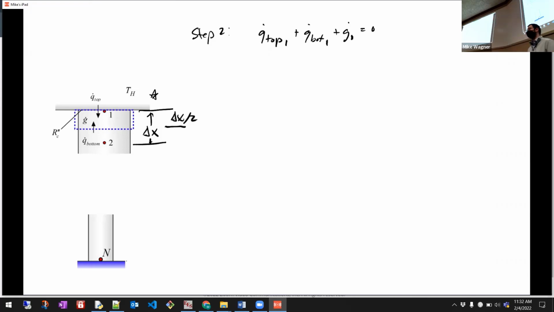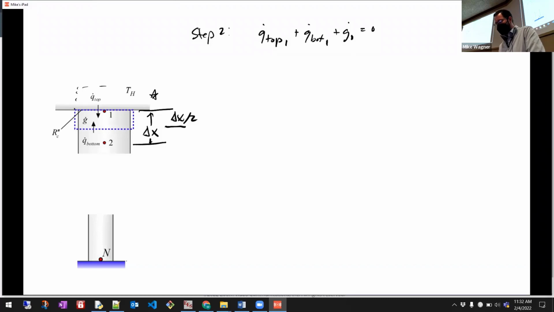So when we're talking about generation in this domain, or anything that has to do with the volume of the domain, we only can think about that half of the domain that it's actually using, right? We don't do anything like draw this up into the base material or anything. The domain stops at the end of the node where we position it. So the boundary nodes are only half wide.